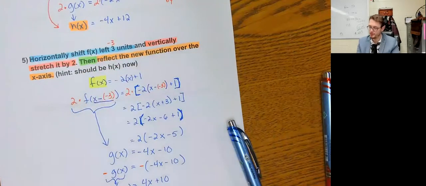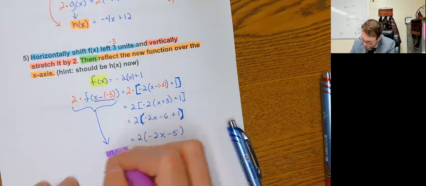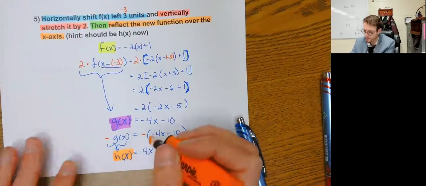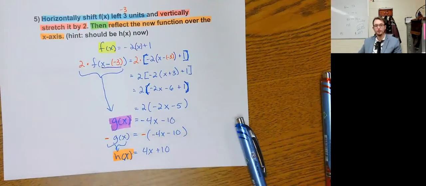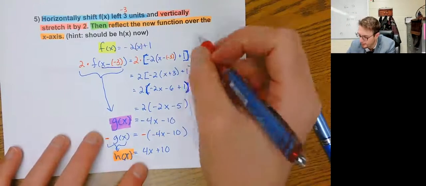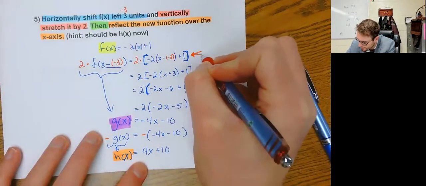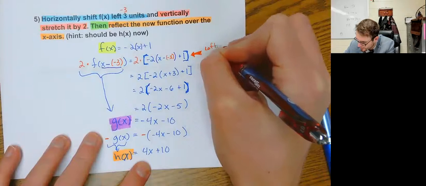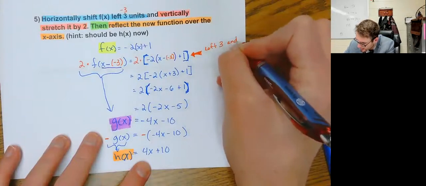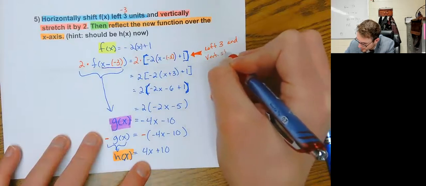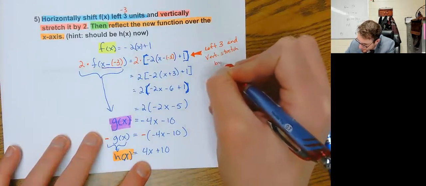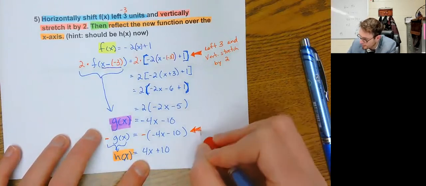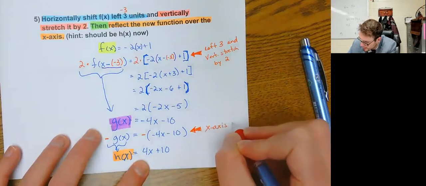So we have gone from f of x to g of x to h of x, where we did left 3 and vert stretch by 2, and then here we did an x-axis reflection.